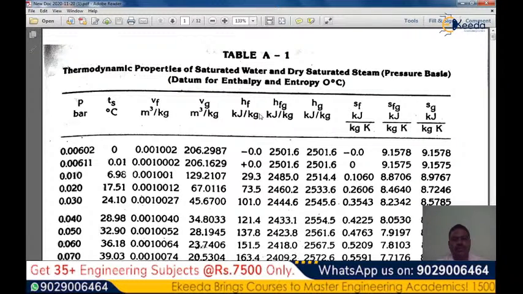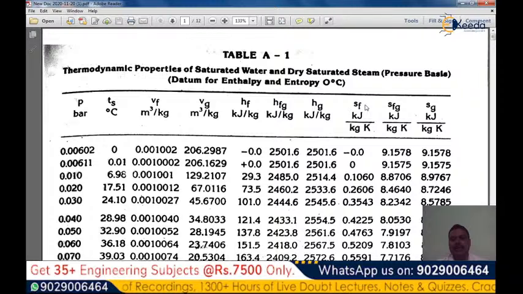As I already told you, HF is the enthalpy of saturated liquid, HFG is the latent heat of vaporization, and Hg is the enthalpy of dry saturated steam.